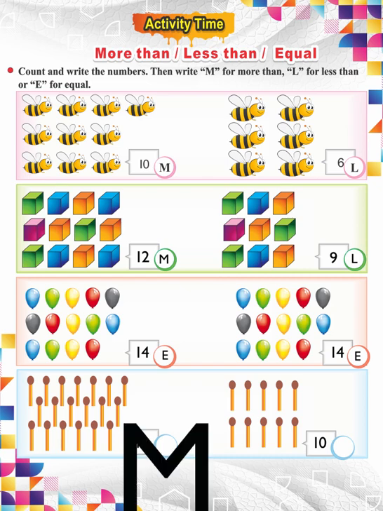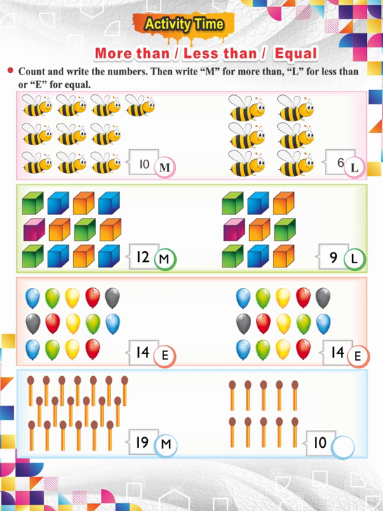Hence, write M in the left box for more than and write L for less than in the right box.